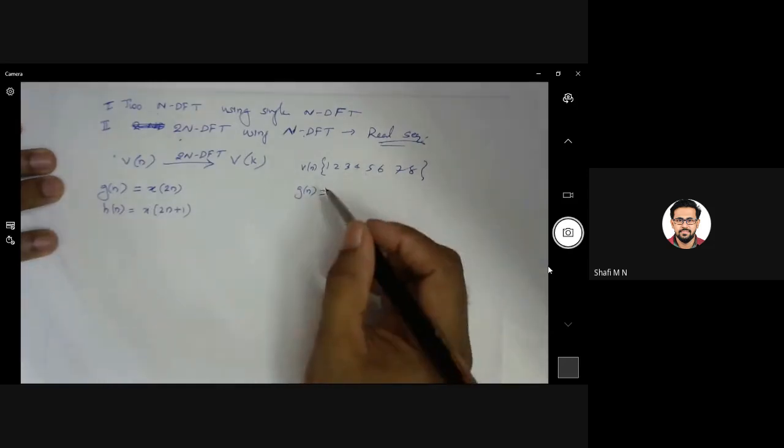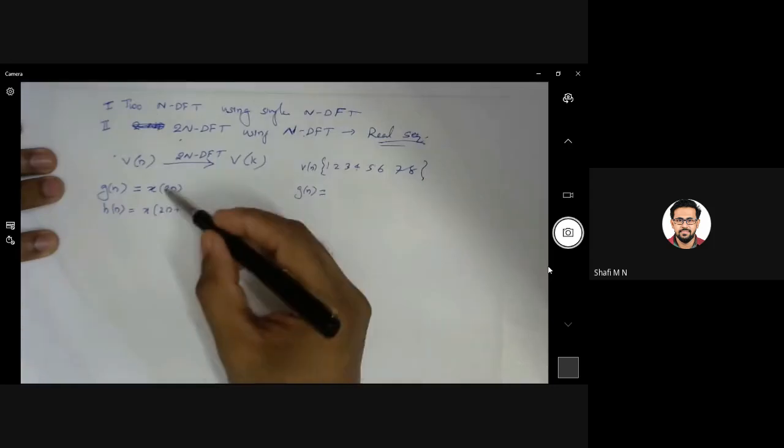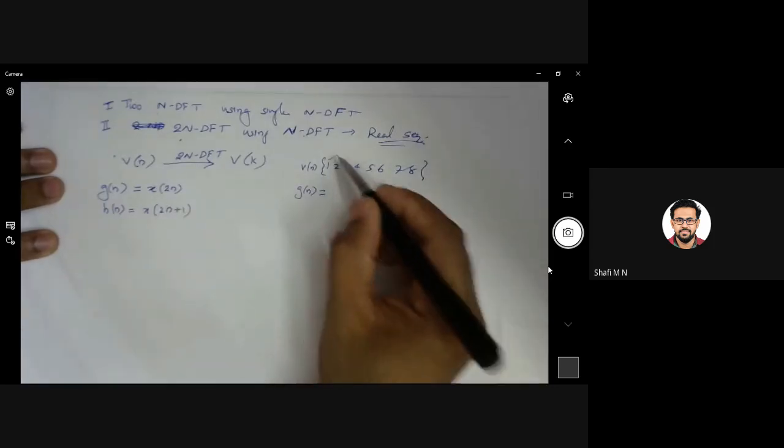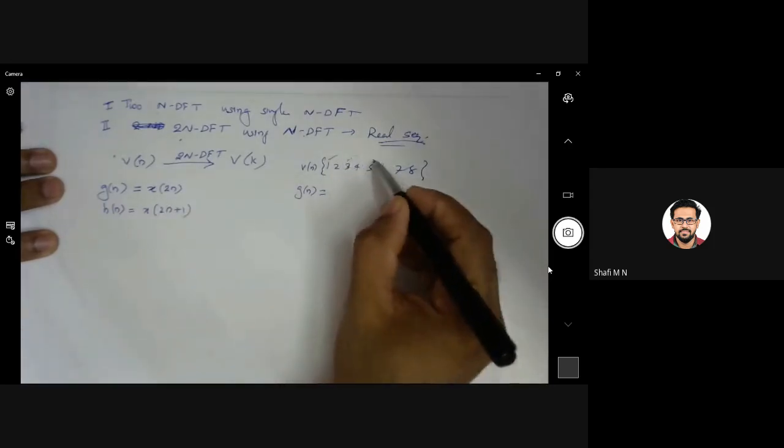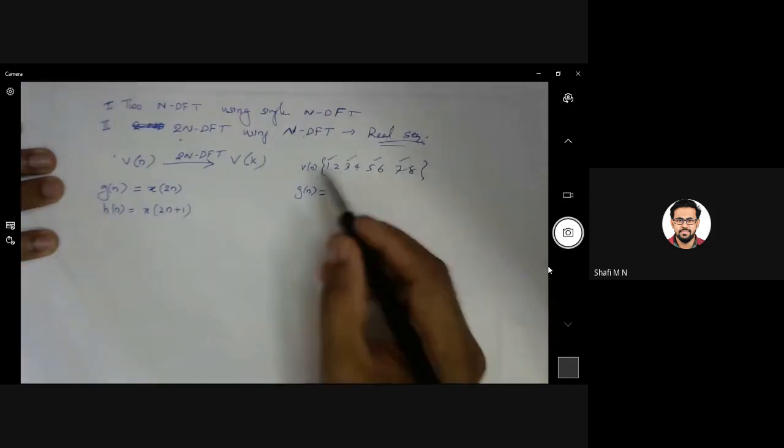Tell me g of n. You select the even index: 0, 2, 4, 6. The tick marked ones.